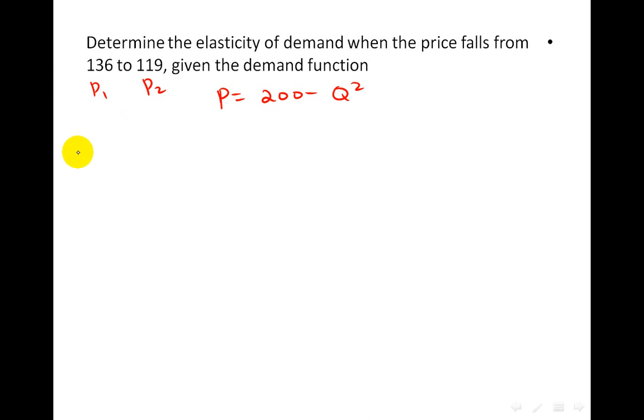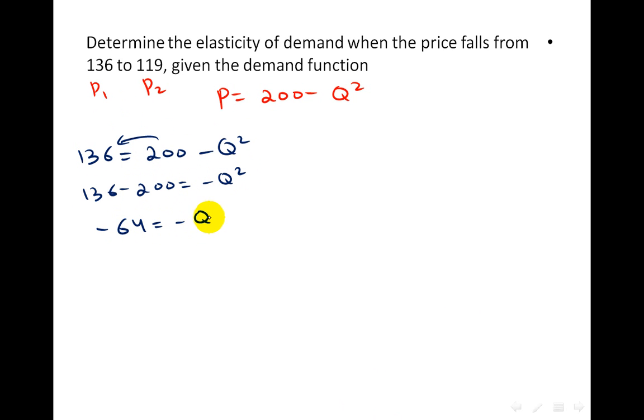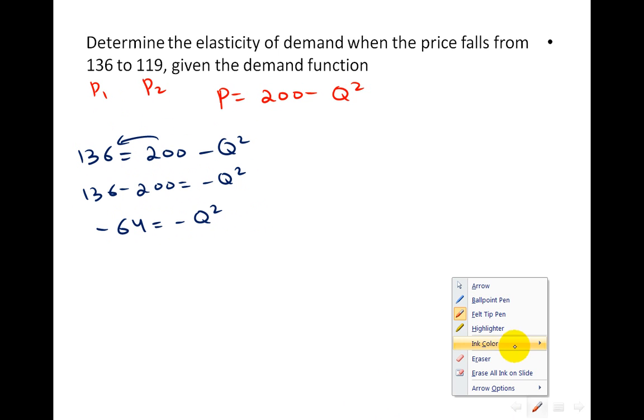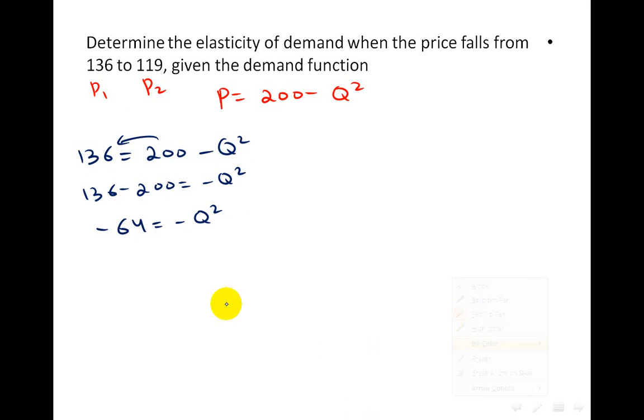So P1, which is 136, equals 200 minus Q squared. Subtract it and you'll find negative 64. So here simply you can cancel the negatives: 64 equals Q squared.